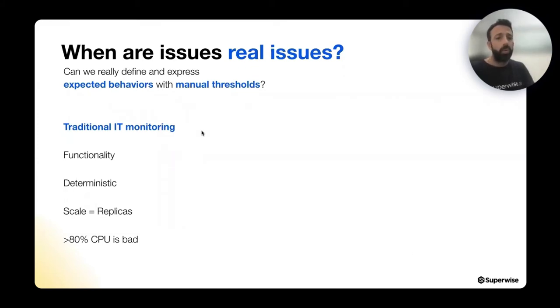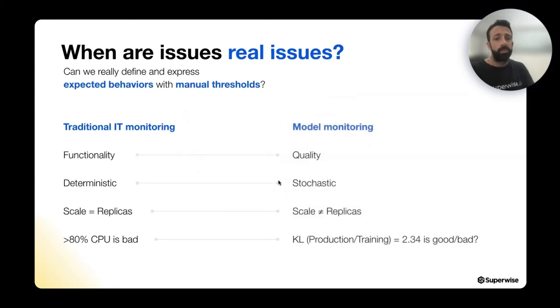But when we're moving to model monitoring, machine learning, we're talking about a stochastic world. It's not deterministic. And you no longer monitor functionality, you monitor quality. And it's hard to define when quality is high enough or not.